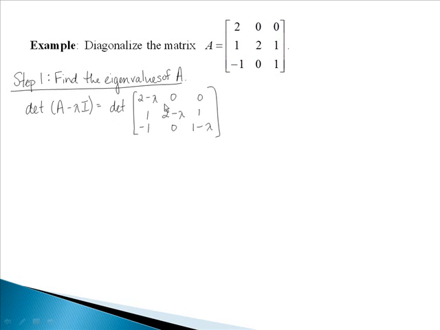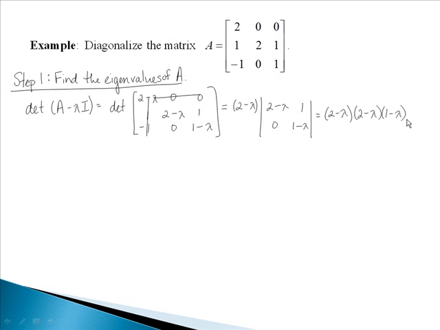So notice that we have a row with zeros in just one term, so the determinant is rather easy to do. So we'll start out with just 2 minus lambda, then times the determinant of the matrix that's left when we eliminate that row and column, which is 2 minus lambda, 1, 0, and 1 minus lambda. And so then that is going to be 2 minus lambda times 2 minus lambda times 1 minus lambda, and then minus 0.